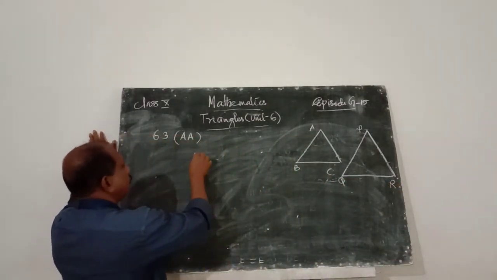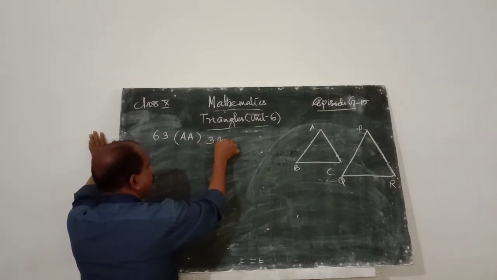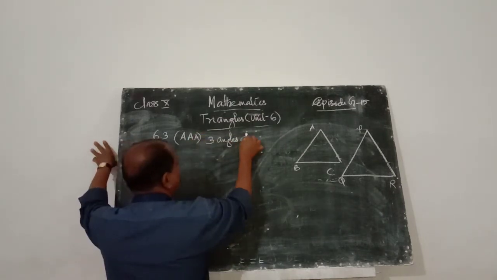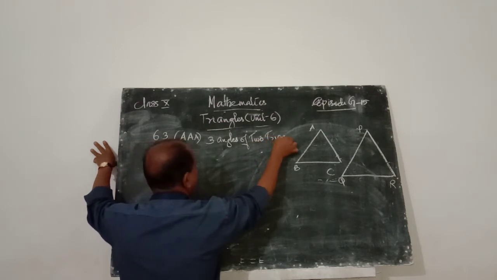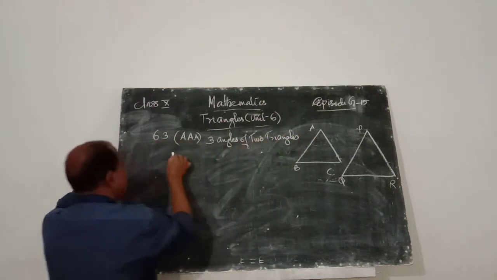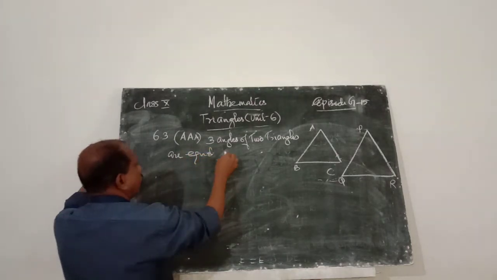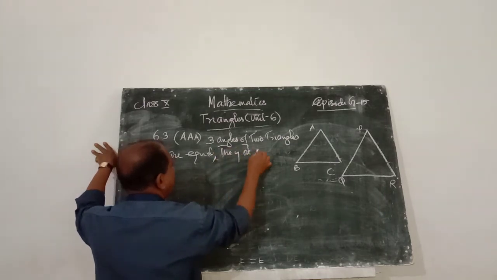Then, what is the statement? Three angles of two triangles are equal, then they are similar.